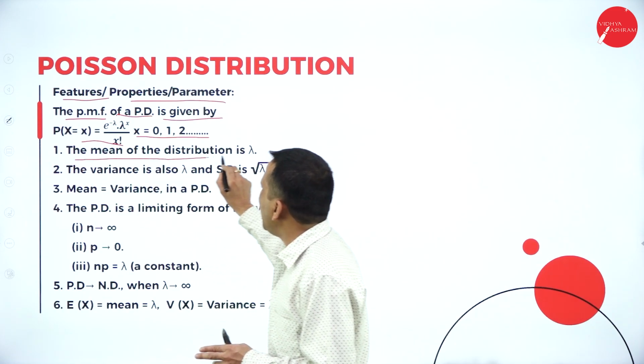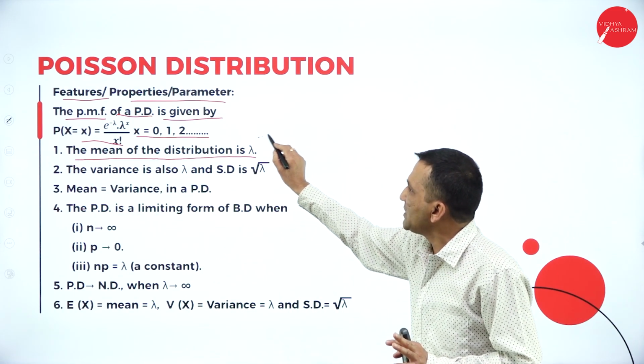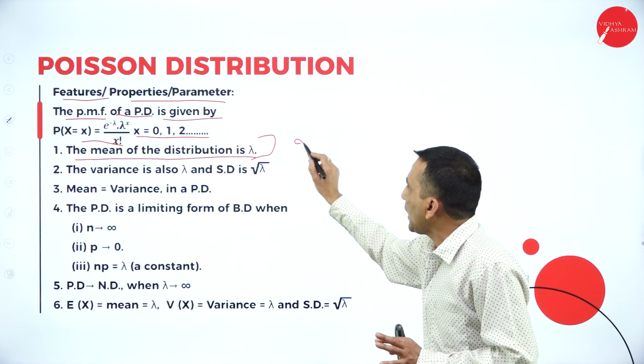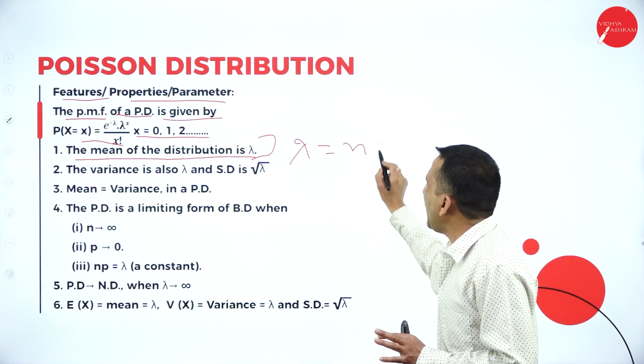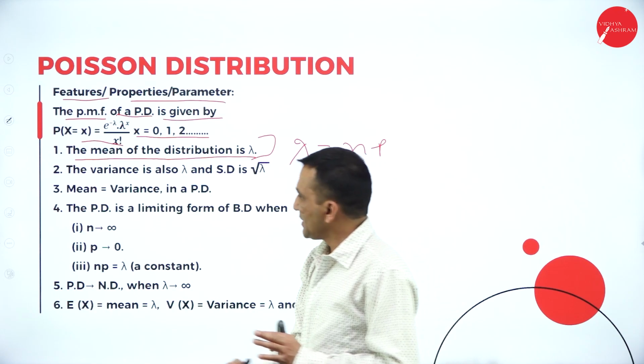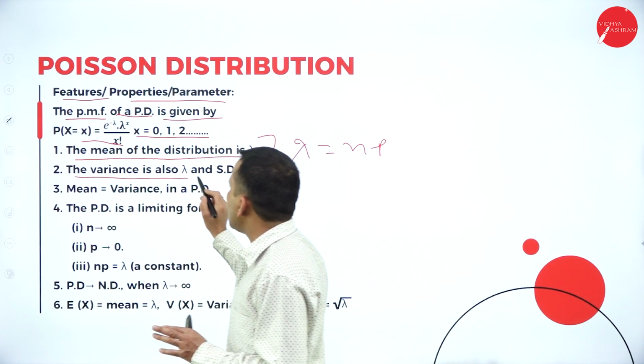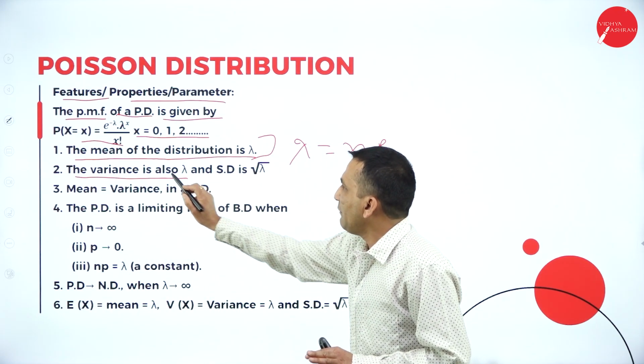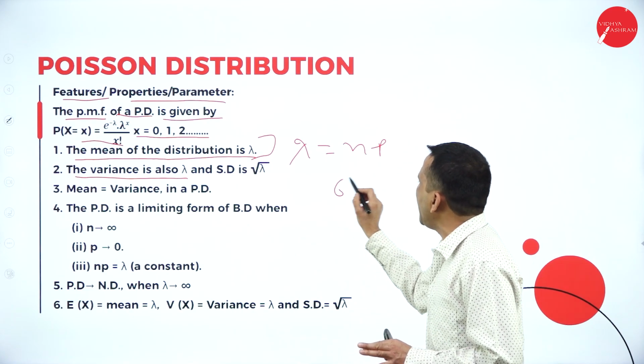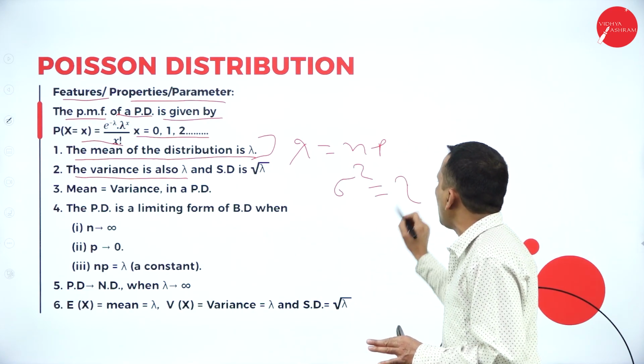The mean of the distribution in the Poisson distribution is always lambda, and np as well relates to the Poisson distribution. The variance is also lambda, which is equal to the mean.